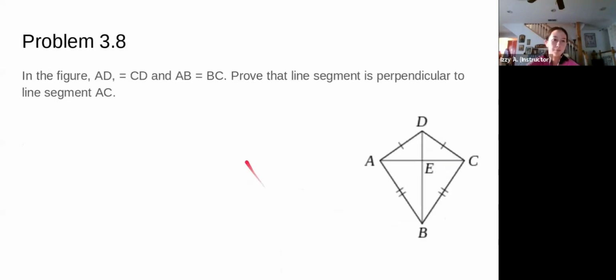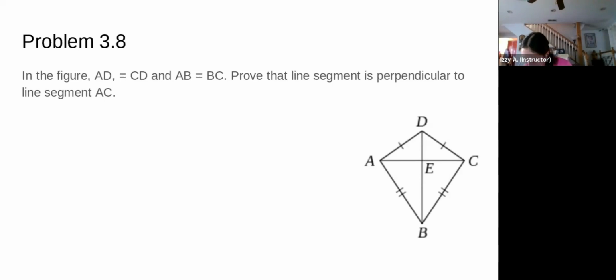Okay, next we have problem 3.8. So in the figure, AD, there should be no comma there, AD is equal to CD, and AB is equal to BC. And we want to prove that the line segment, I realize that it does not specify. I have a typo.